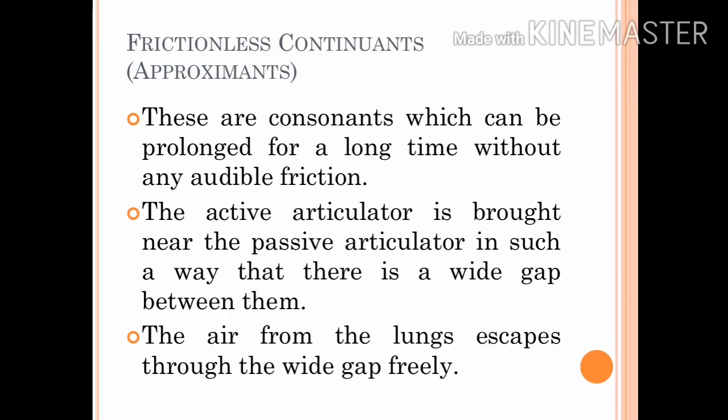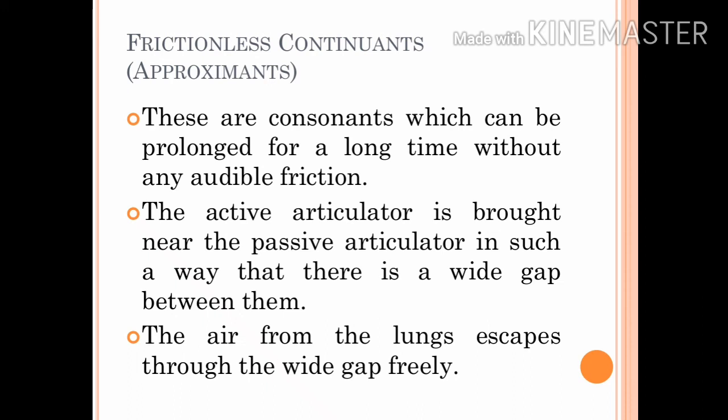Frictionless continuants or approximants. These are consonants which can be prolonged for a long time without any audible friction. The soft palate is raised and so the nasal passage of air is closed completely. The active articulator is brought near the passive articulator in such a way that there is a wide gap between them.